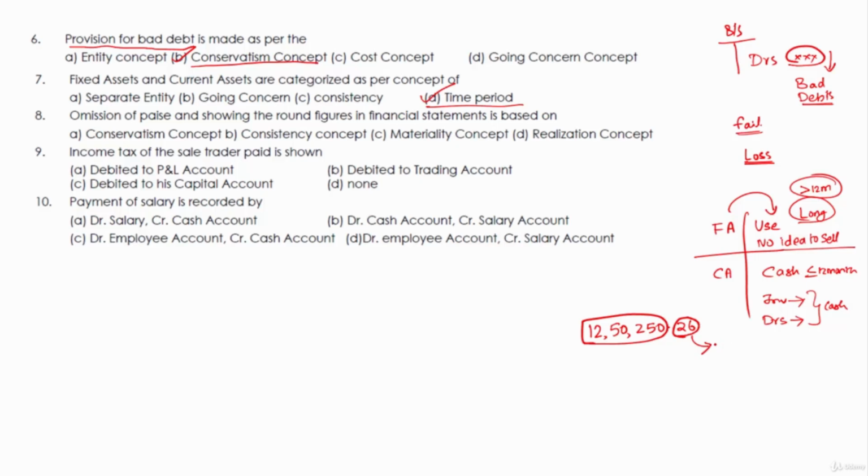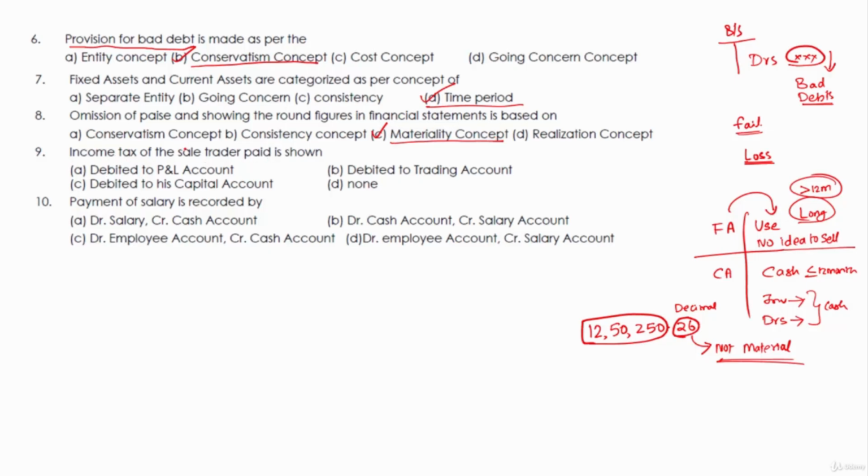Any amount which is going to influence the decision making of the readers of the financial statement, we will call that as material amount, whereas this decimal will not influence. Why? Because this is not material in nature, it is not big. So going by this, we can say omission of paise and showing the round figures in financial statements is based on materiality concept.